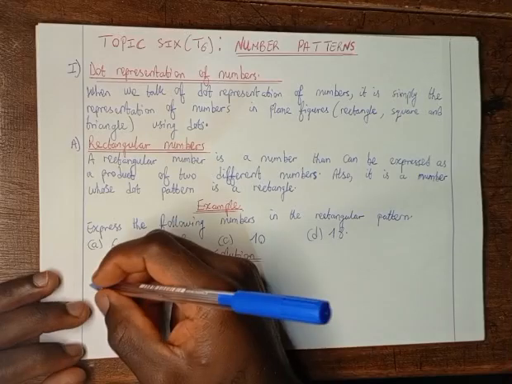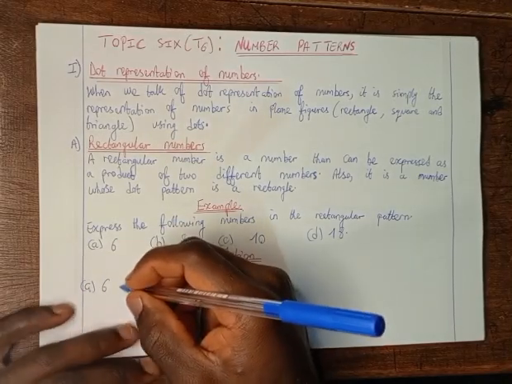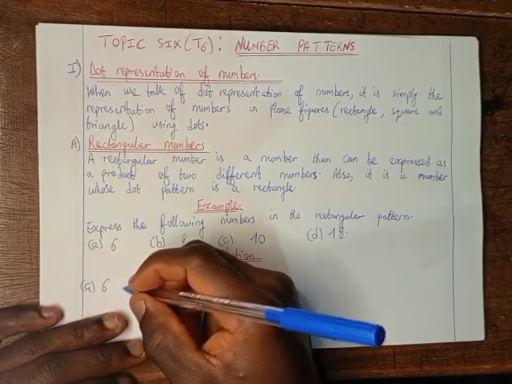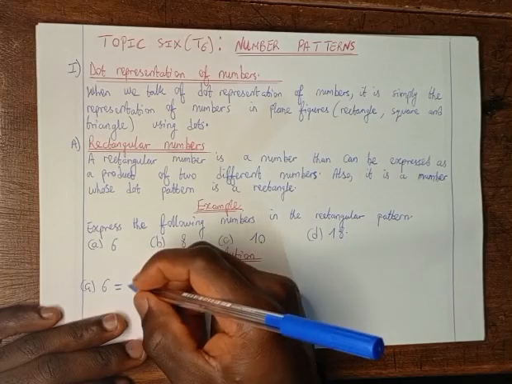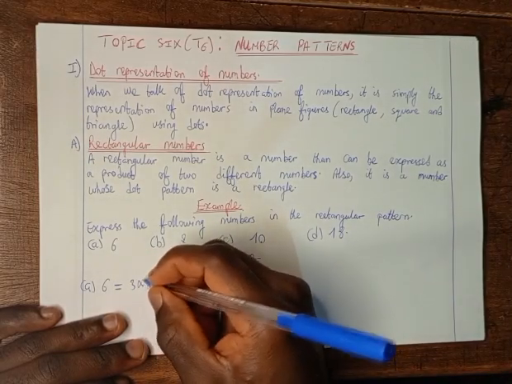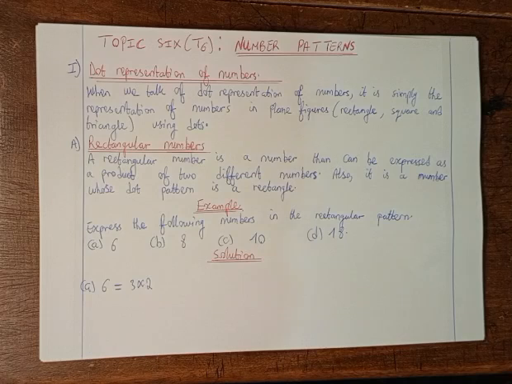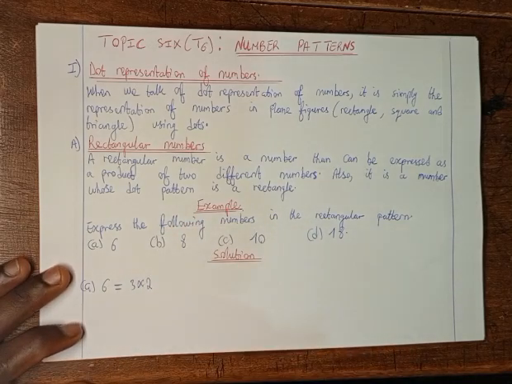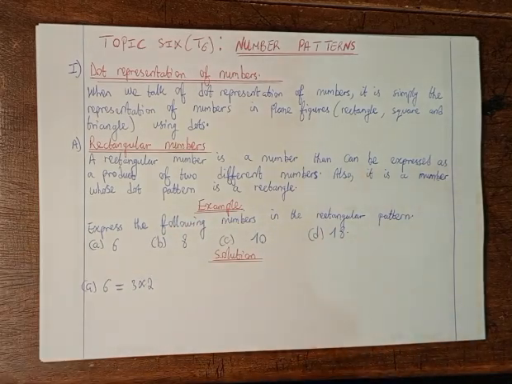For A, we have 6. We know the number 6 can be expressed as a product of two numbers which are different: 3 times 2. We know 3 times 2 gives us 6. In this case, it simply means the length of our rectangle has 3 dots, while the width has 2 dots.